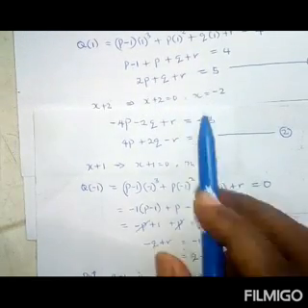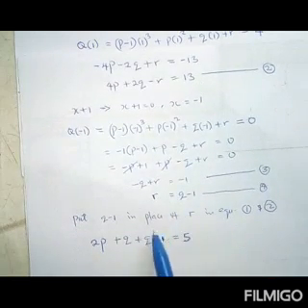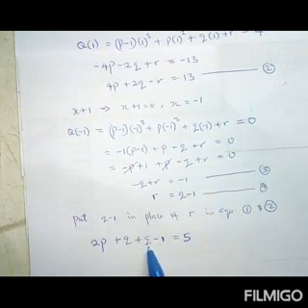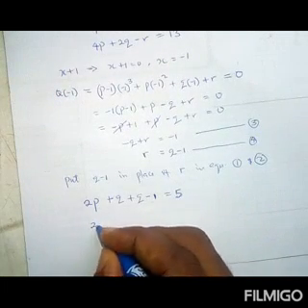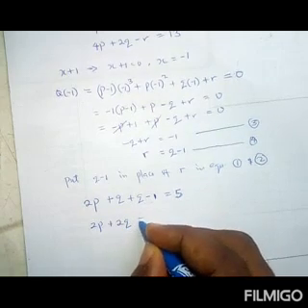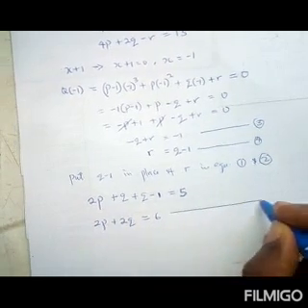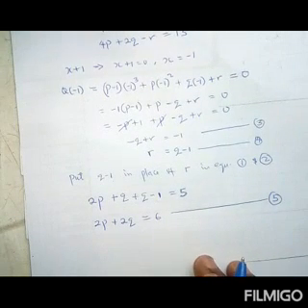I've replaced r with q minus 1. So this equation will finally give us 2p plus 2q is equal to 6. Equation 5. Please keep identifying the equations.